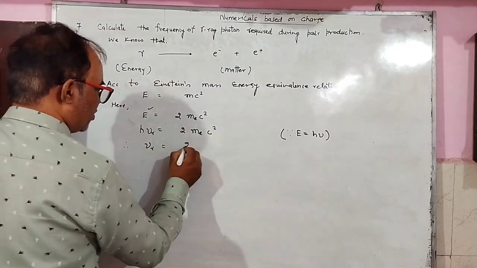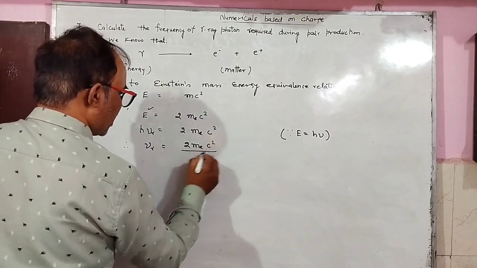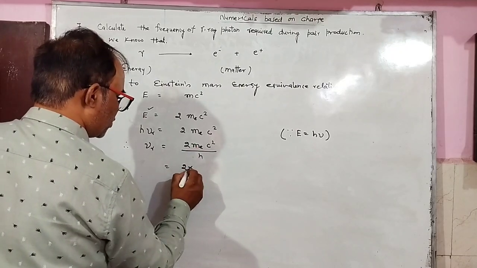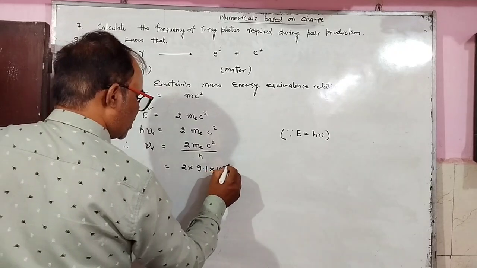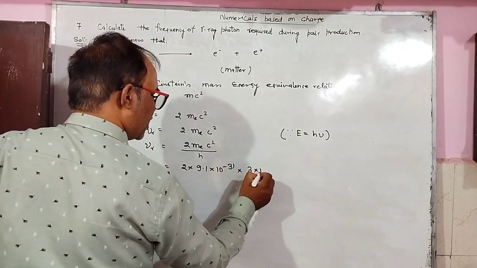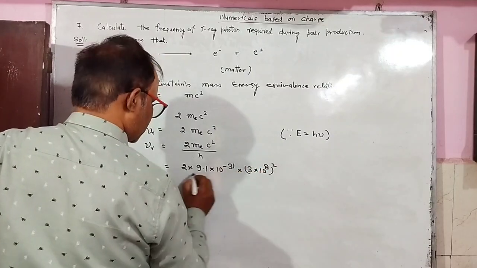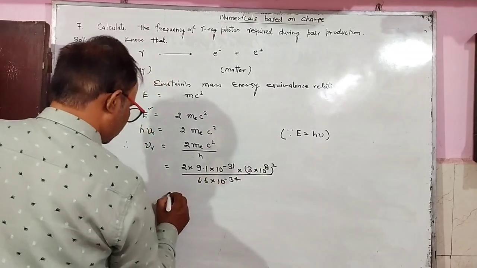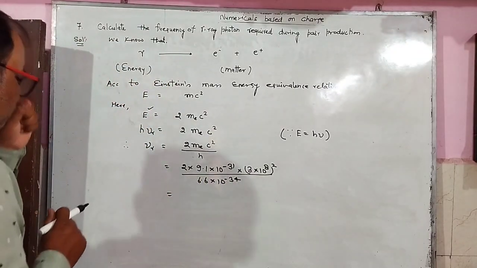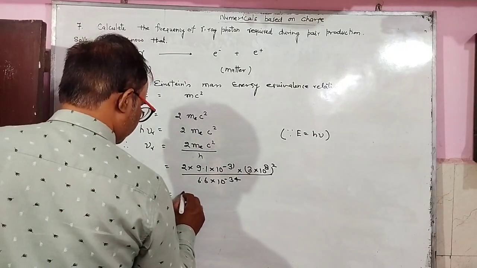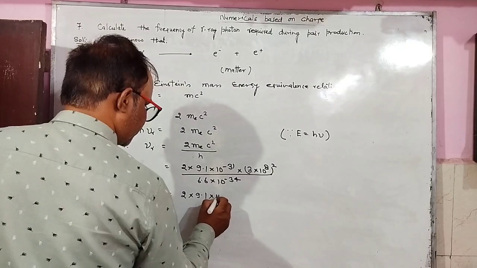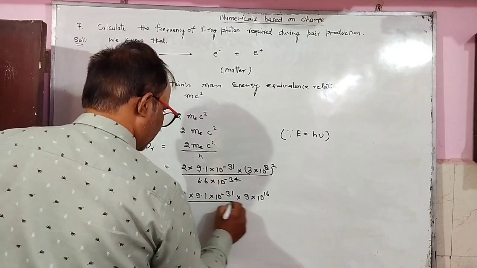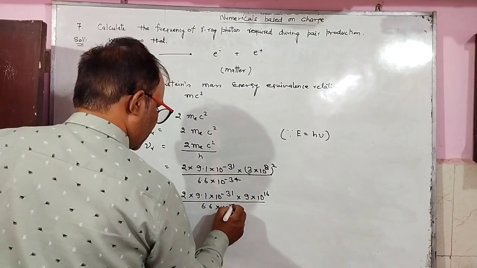nu gamma equal to 2 me c square upon h equal to 2 into 9.1 into 10 to the power minus 31 into 3 into 10 to the power 8 square upon 6.6 into 10 to the power minus 34. Solving we get this way.